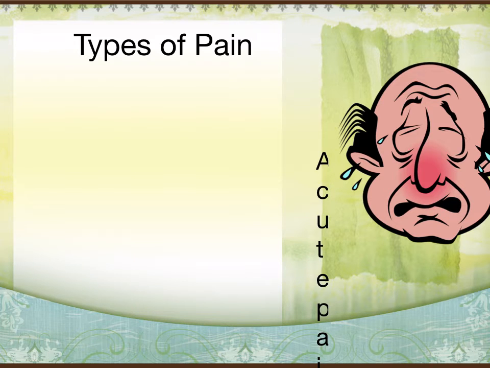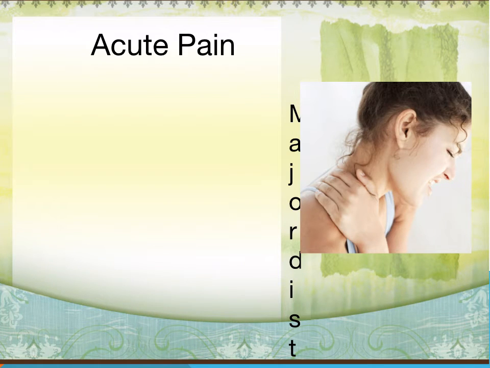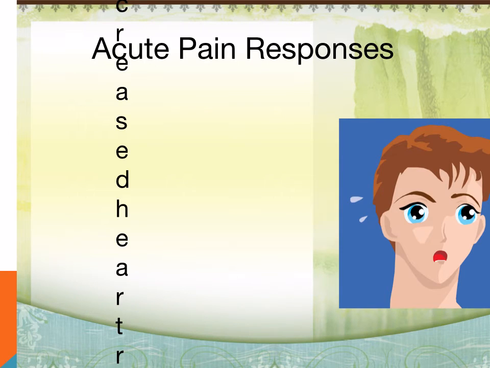Let's go to the next slide. Acute pain, yes, there is an activation of the sympathetic system. So I told you there is an activation of autonomic responses, increased heart rate, pulse, respiration. It's the same thing which I said, how the patients respond to acute pain. Their autonomic responses get activated.